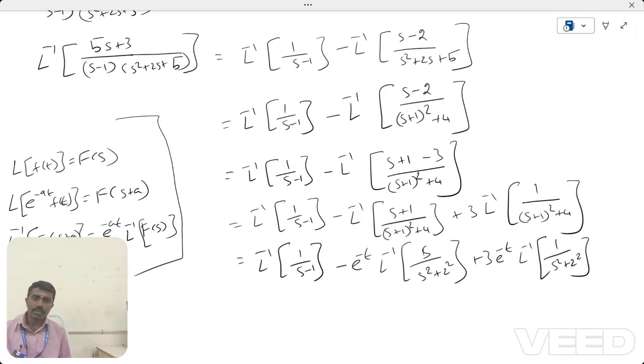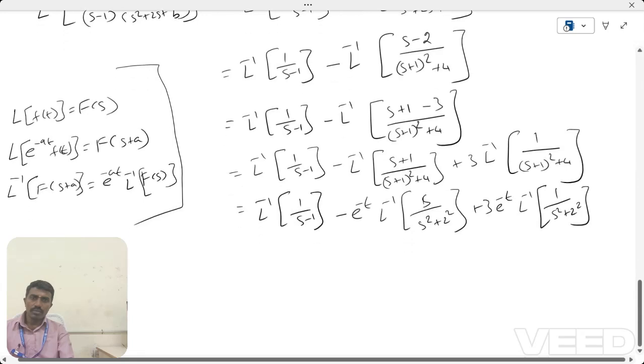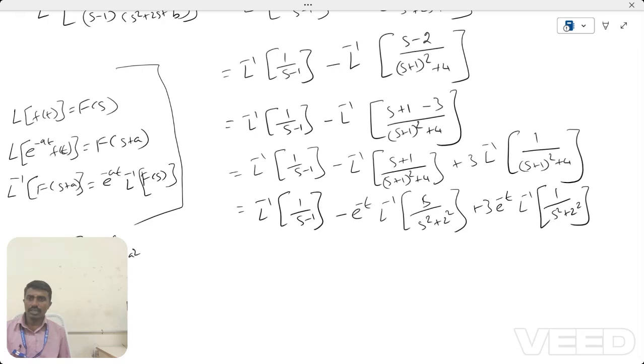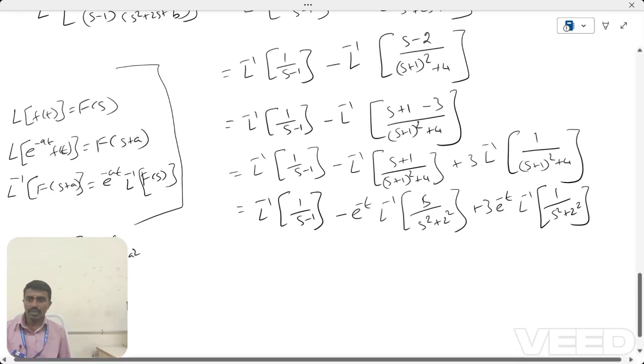Now, by the basic formulas, L of sin at is a by s square plus a square, so L inverse of a by s square plus a square is sin at. Similarly, L of cos at is s by s square plus a square.